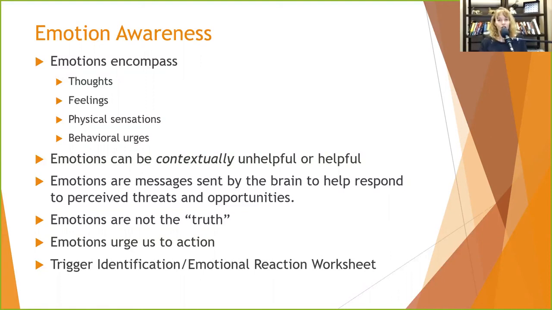One way to start looking at what triggers people's emotional dysphoria is the trigger identification and emotional reaction worksheet, which says, what's the trigger? What emotion does it trigger in you? And then, what are your thoughts, feelings, physical sensations, and behavioral urges when you're confronted with that particular trigger?